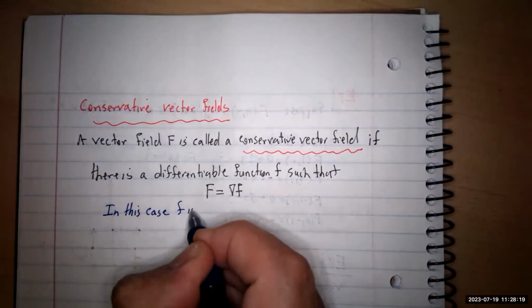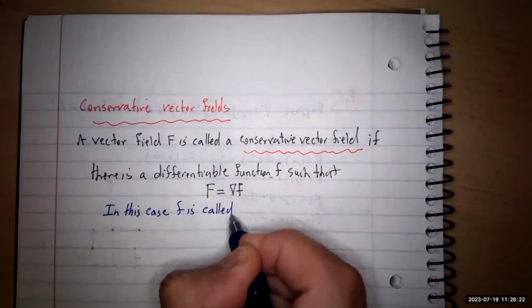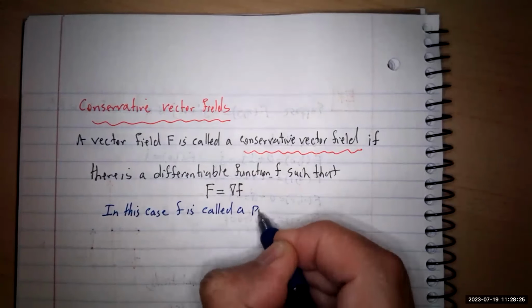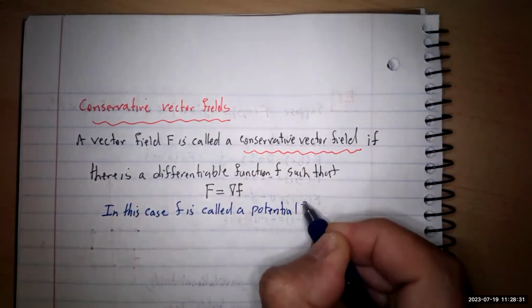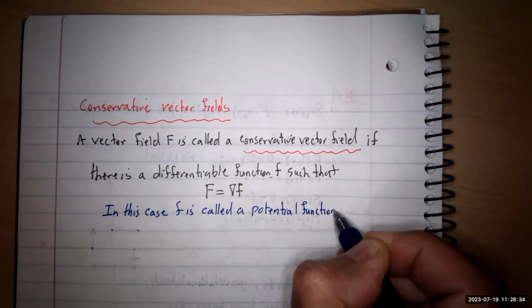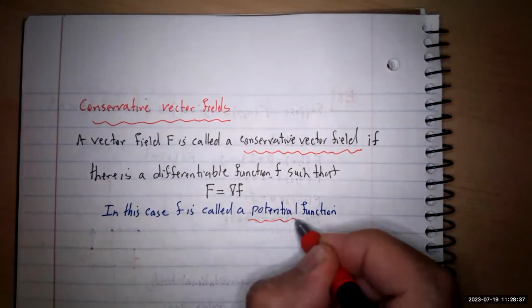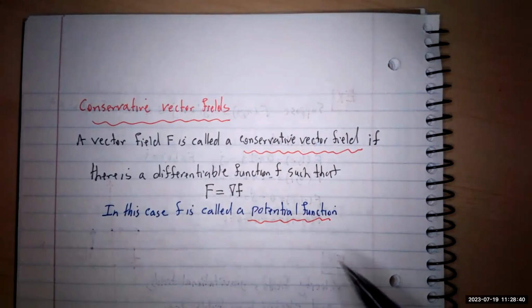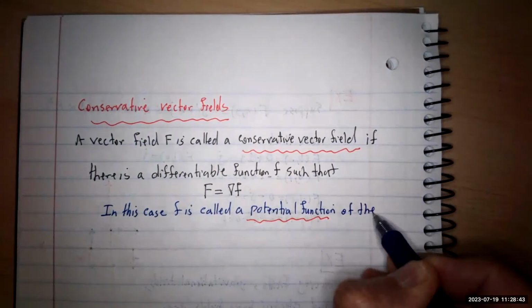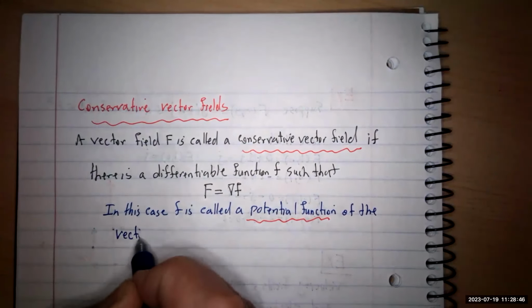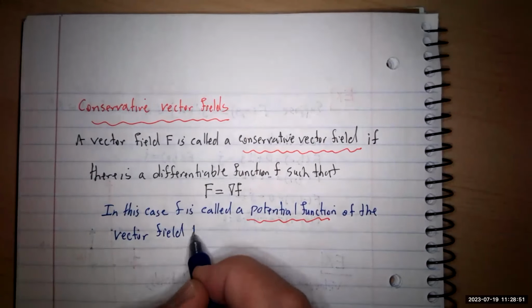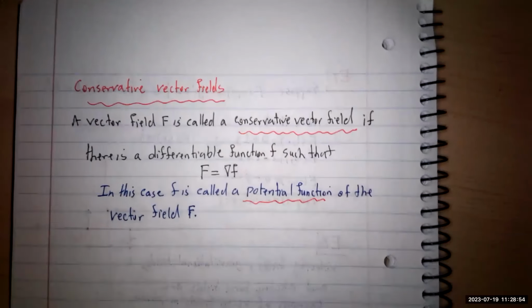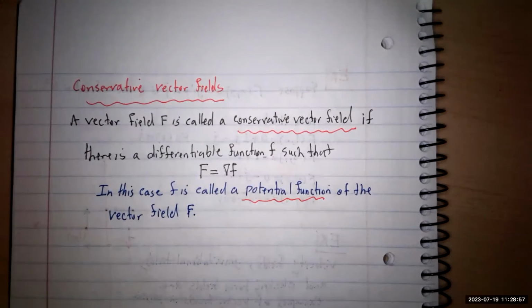That function f is going to be called a potential function of the vector field F.